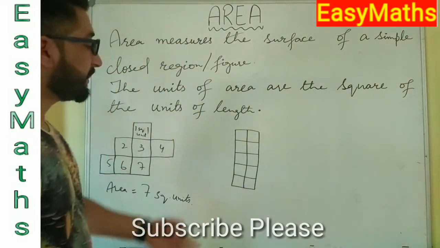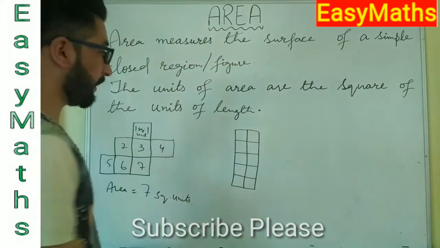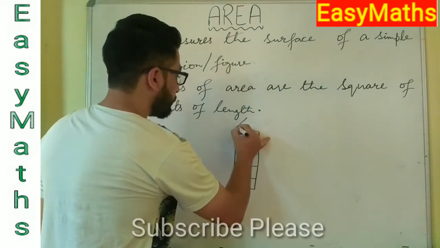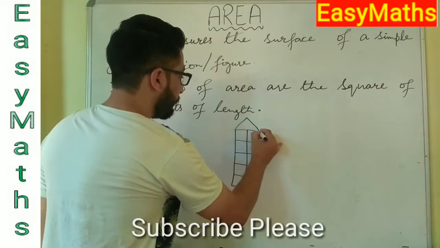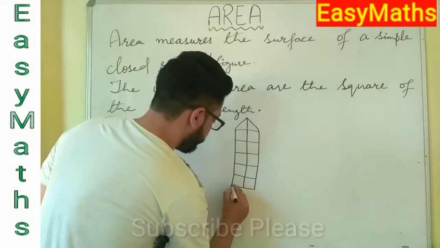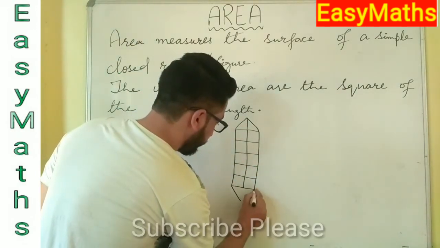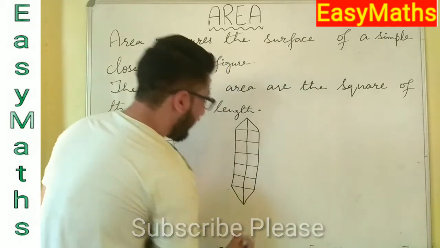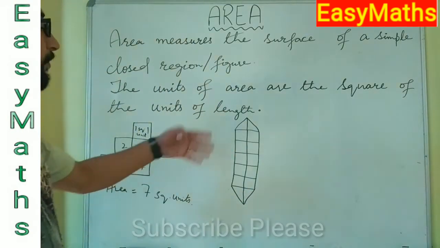Here this figure is a regular figure, but we draw a few more things on it, and this figure will be an irregular shape now. So how do we find the area of this figure?